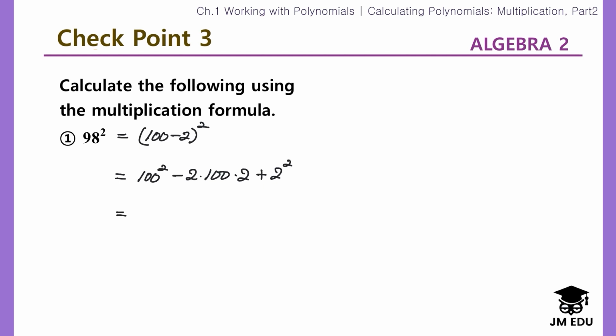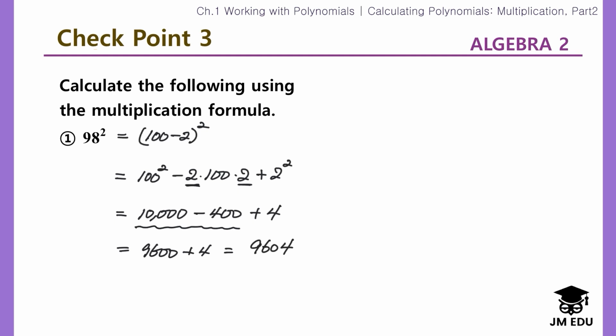So 100 squared, that's 10,000. 2 times 2, that's 4. So minus 400. 2 squared plus 4, right? So 10,000 minus 400, that's 9,600. Plus 4, that's going to be 9,604, right?